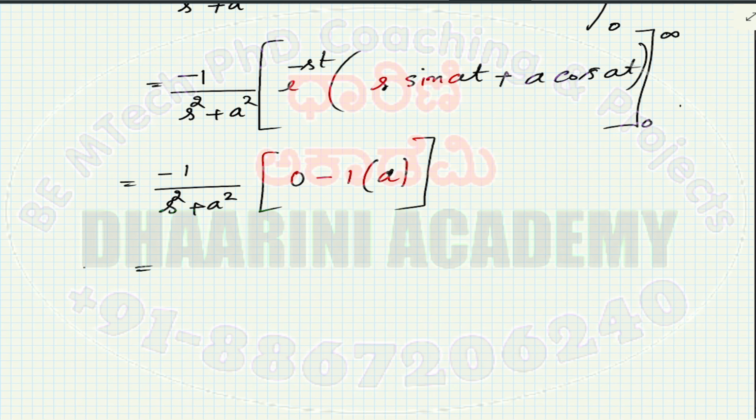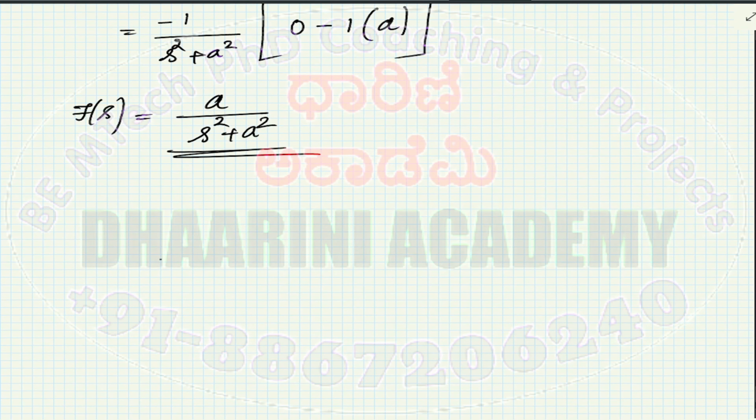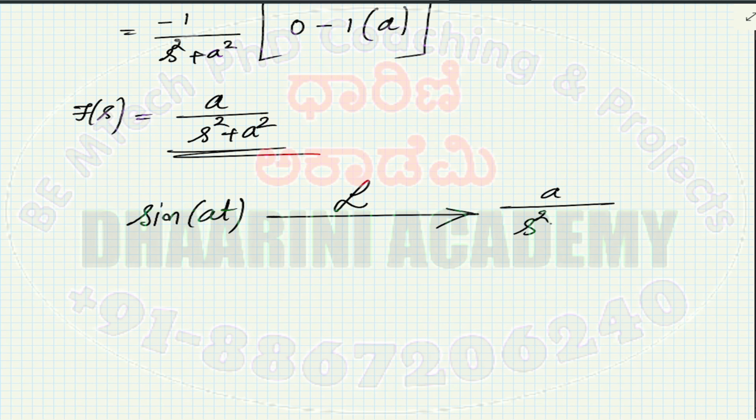So I'm going to get my f of s, the Laplace transform, as a divided by s square plus a square. So let's make an entry in the table. If I have sin at, then its Laplace transform will be a divided by s square plus a square.